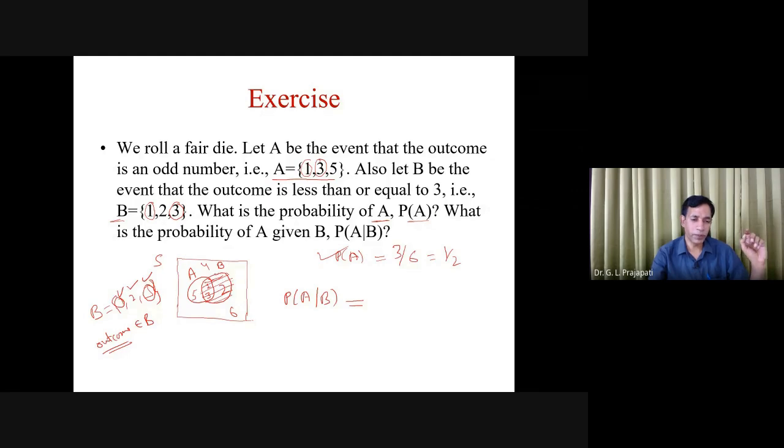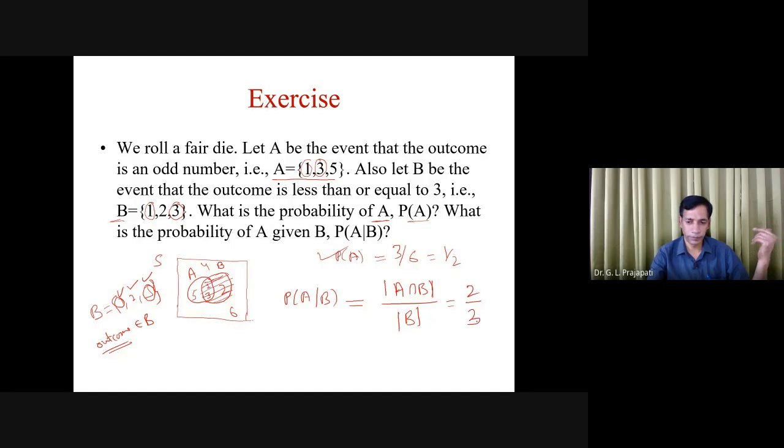In this sample space, you have 3 points, and out of the 3 points, there are 2 points in the intersection. So the probability is the cardinality of A intersection B divided by the cardinality of B. The number of elements in the intersection is 2, and the total number of elements in the event B is 3.